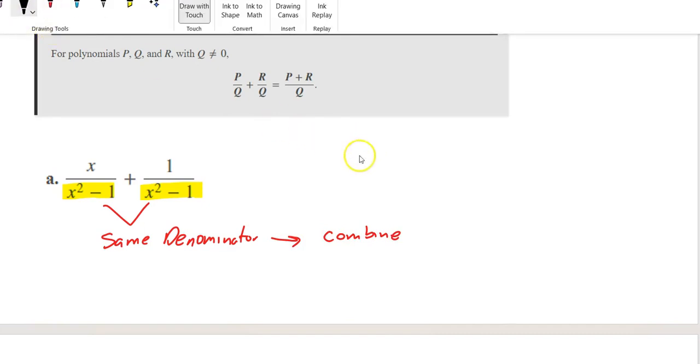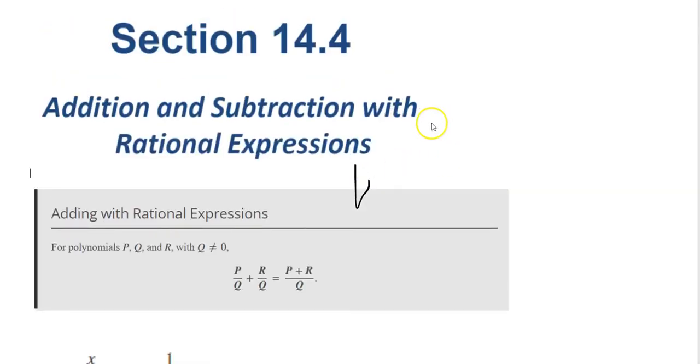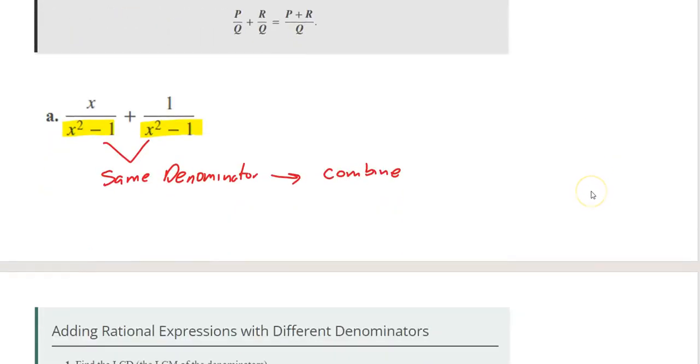Whenever you combine these, you're literally just going to have x plus 1 all over x squared minus 1.